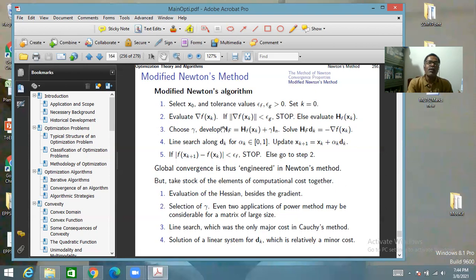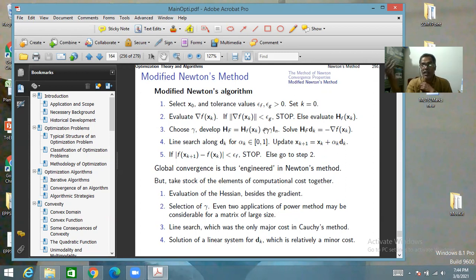But now with this, whatever be the cost, you have got a good working method which you can utilize. But cost is high. You have to keep in mind that. And now global convergence has been engineered, as we discussed.